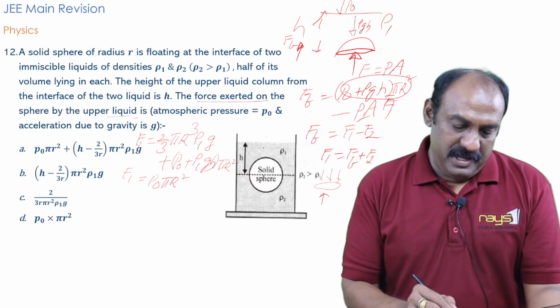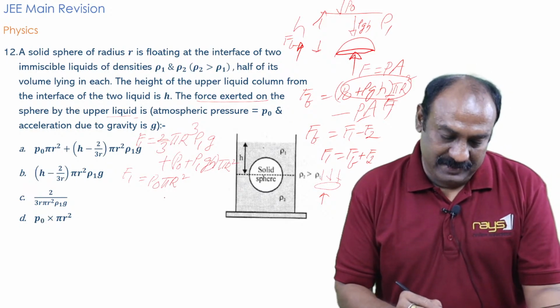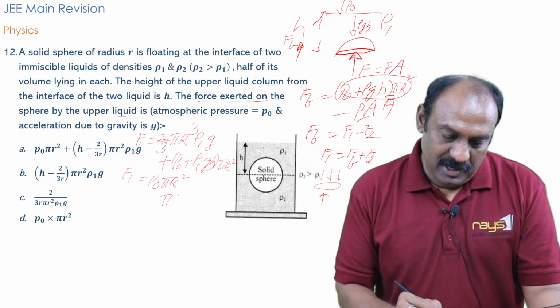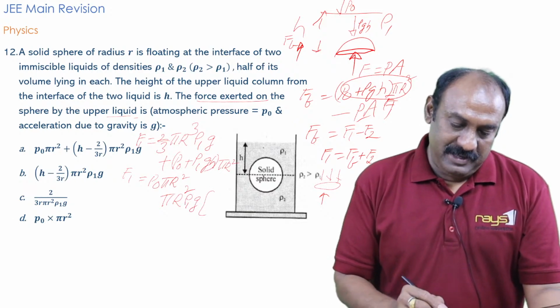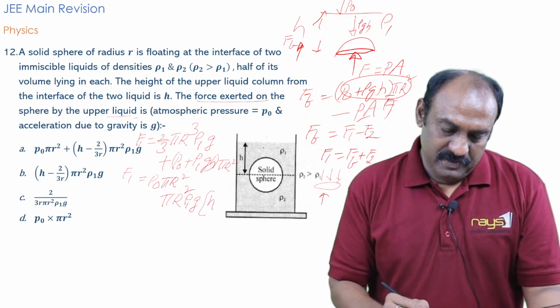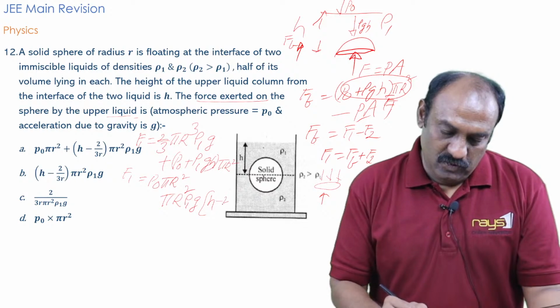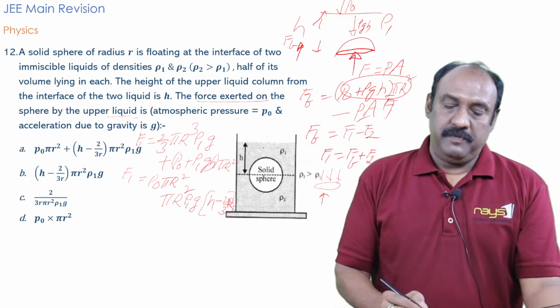For 2 by 3 pi r cubed, you take pi r square rho 1 g as a common factor, into h minus 2 by 3 r. So, this is the equation.